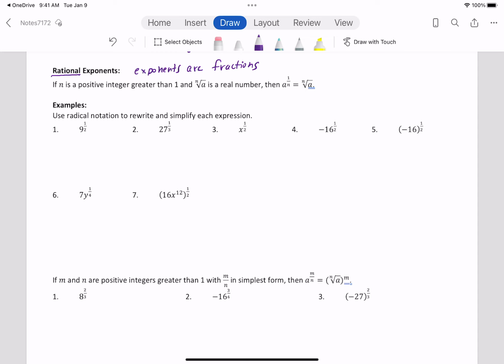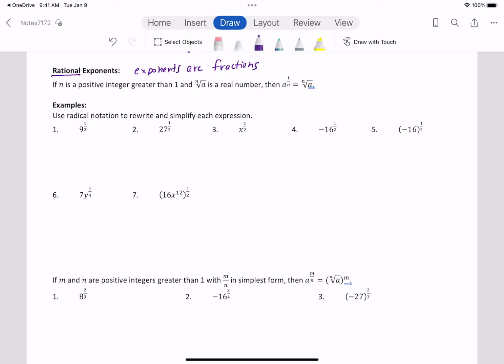And actually, all the ones that we've already done, the exponents have been fractions, because you know that any integer over 1 is that integer. So every number can be written as a fraction. So we've actually already been doing this. We just didn't have to pay any attention to it or show it because it was just a 1.